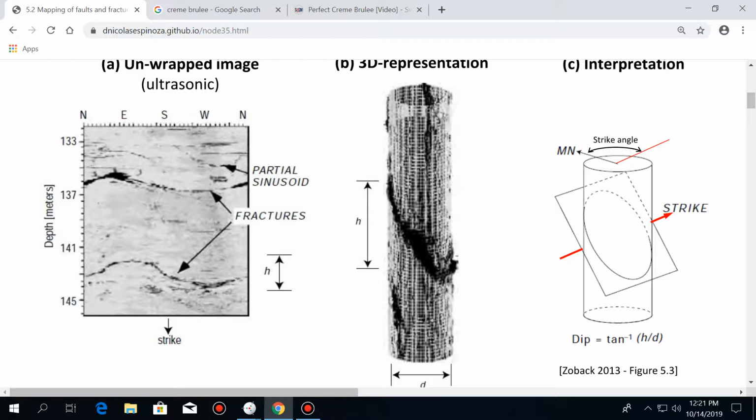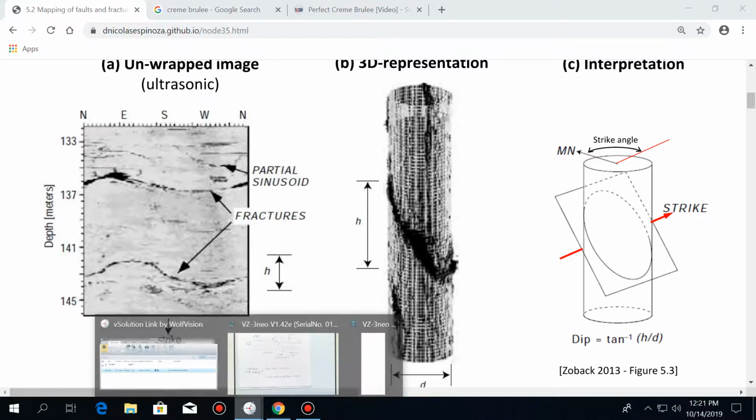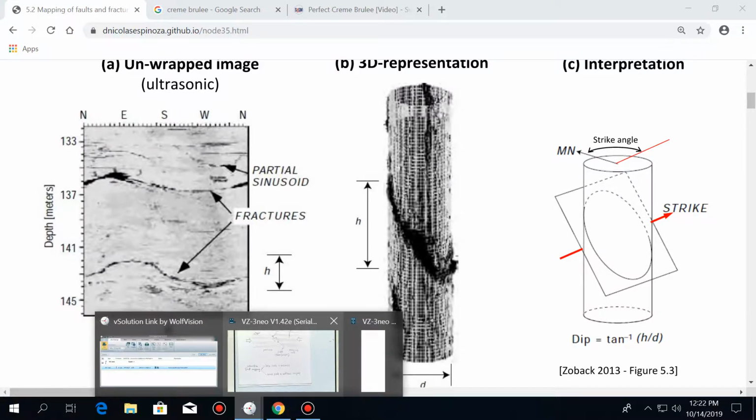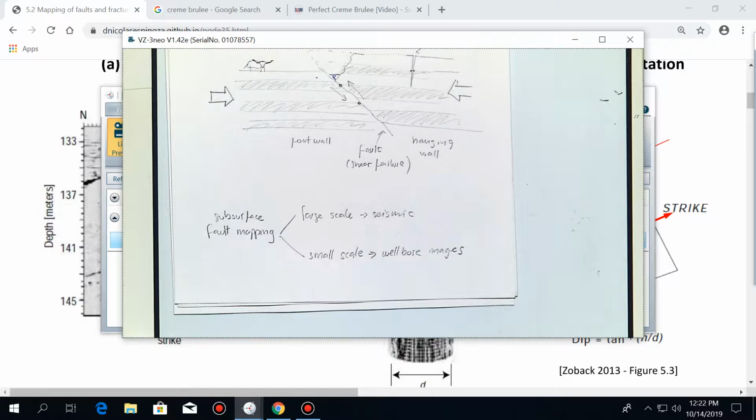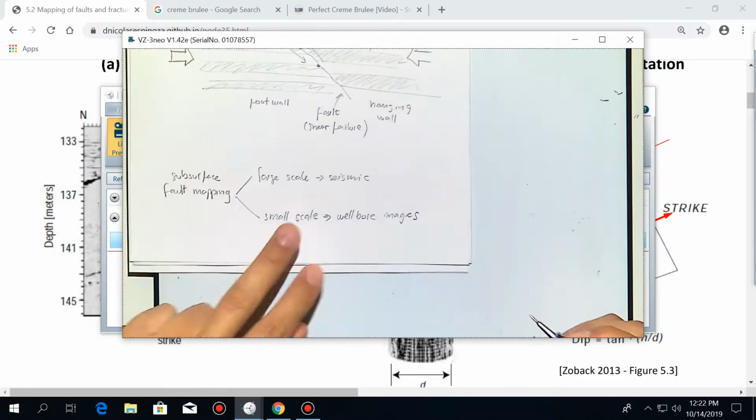And a fracture that appears in the wellbore in these unwrapped plots is going to look like a sinusoid, because let me draw it over here. I basically want to do this drawing of the wellbore.